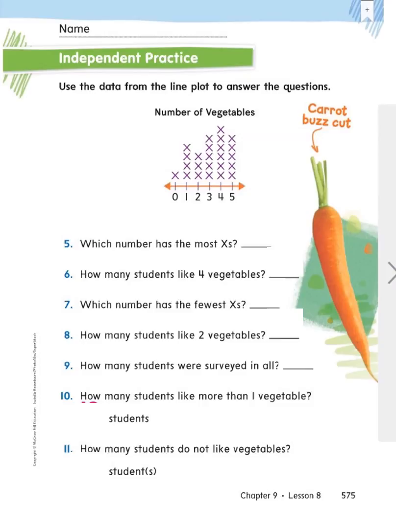Number 5, which number has the most X's? Number 6, how many students like 4 vegetables? Number 7, which number has the fewest X's? Number 8, how many students like 2 vegetables?